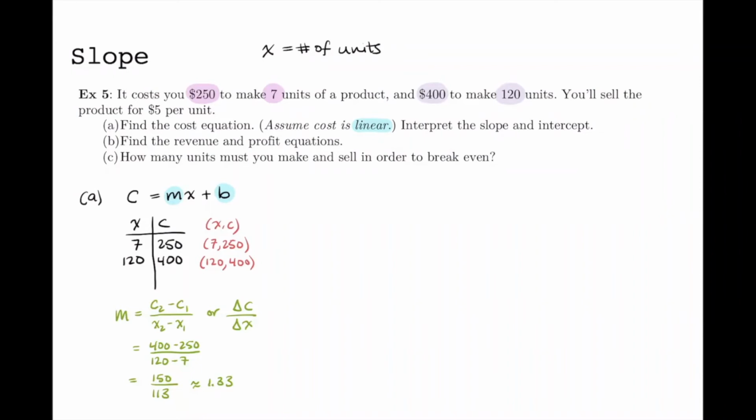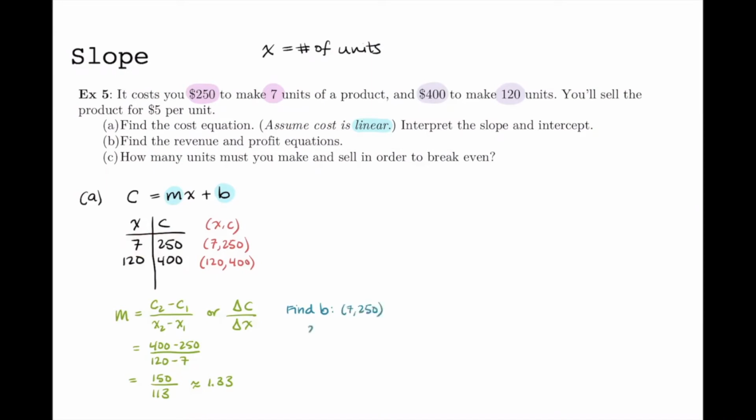Now we have to find the value of b. What we can do is, again, substitute in one of the points that were given. I'm just going to use the one that has the smaller numbers here. Just make sure that you are plugging these into the correct spot. So it's x comma c.